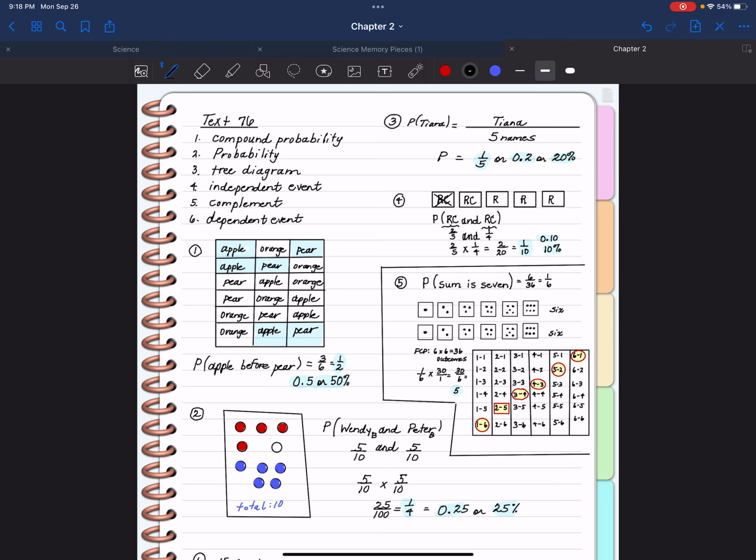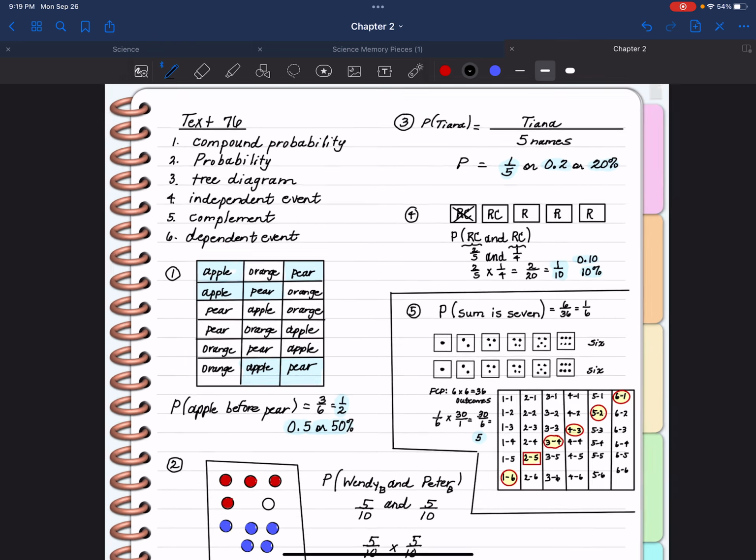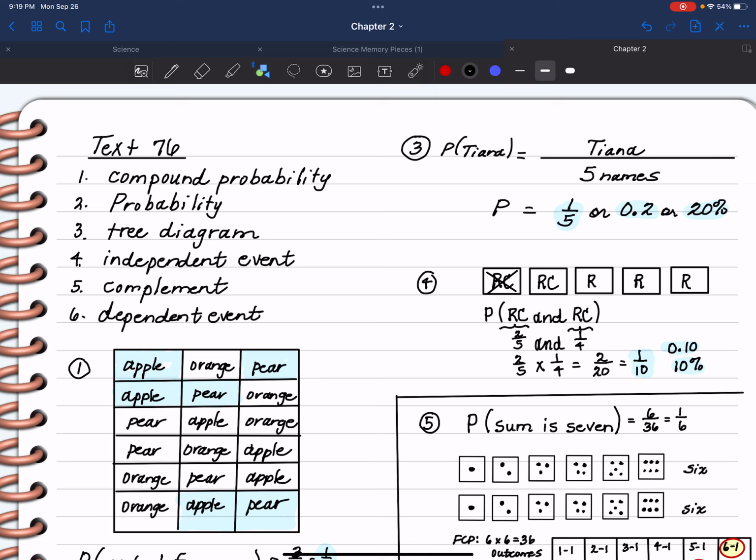Compound events. Oh goodness, I wrote the wrong word. I didn't look up my choices. I'm sorry. This should be compound event. Probability, tree diagram, independent event, complement, and dependent event.